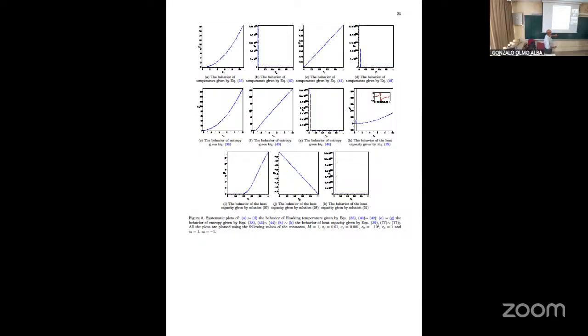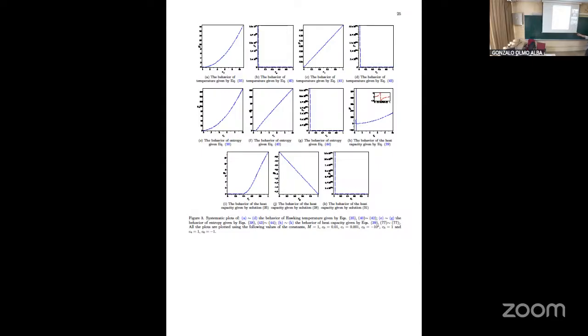And what about entropy? If we calculate the entropy of each solution, this is the entropy of each one. And this is the behavior of the heat capacity.